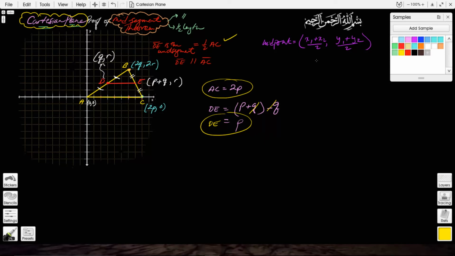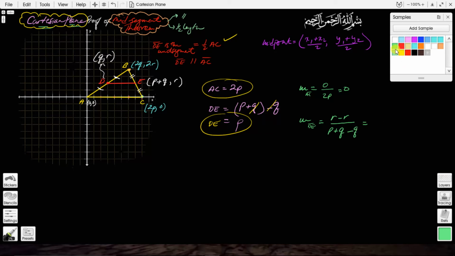Okay, that's pretty good. Now, calculating the slope of these: the slope of AC is a horizontal line, changing y over changing x is 0 over 2p, and that is 0. And the slope of DE is also changing y, r minus r, over changing x, which is p plus q minus q.